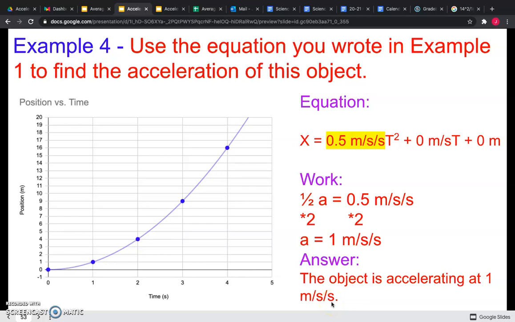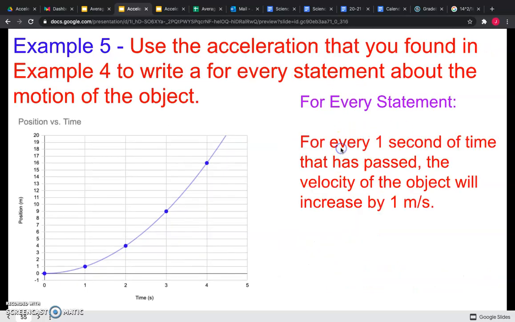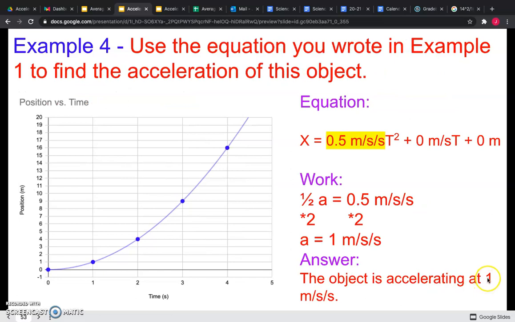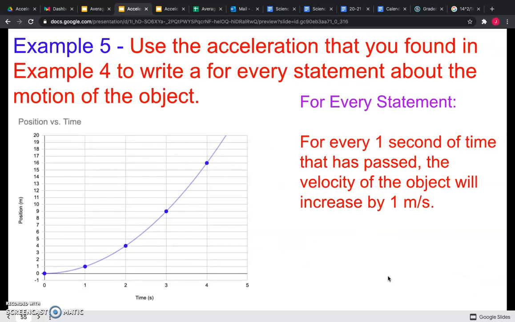All right, and so then the last thing we're going to do is we're going to interpret what this 1 meter per second means. And we're going to do that by writing a for every statement. So for every 1 second of time that has passed, the velocity of this object will increase by 1 meter per second. So if we go back to our last slide, we can see this 1 meter per second right here. That's telling us how much the velocity is increasing by.